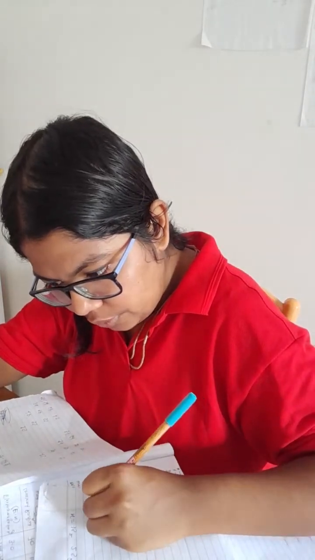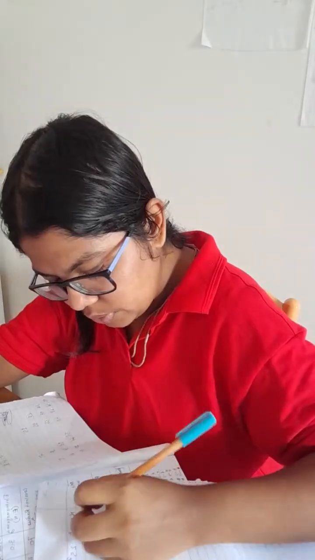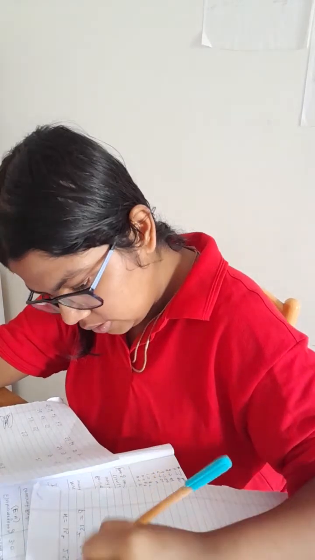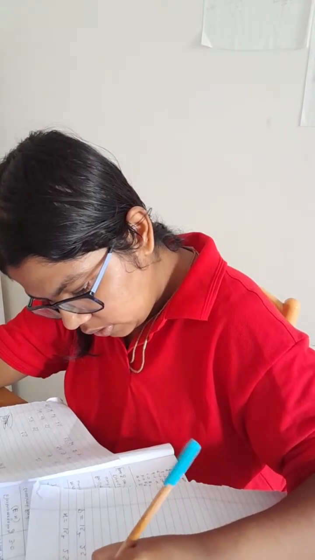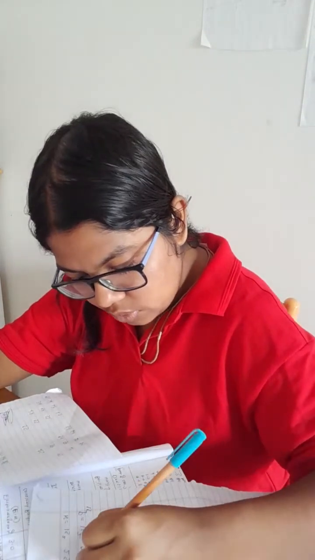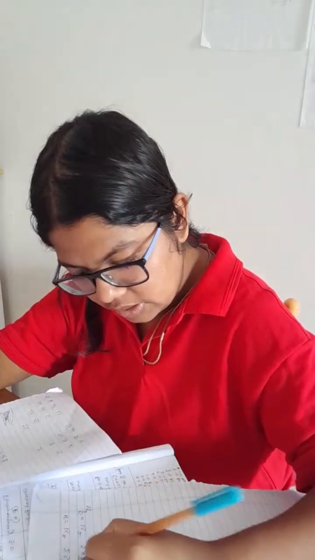Now for phosphorus, its electronic configuration will be 1s2, 2s2, and so on, up to 15 electrons.